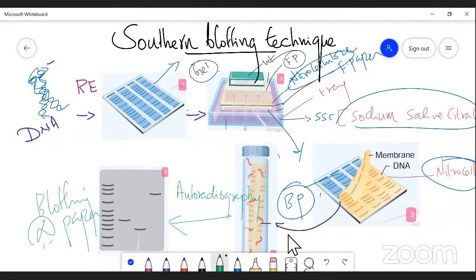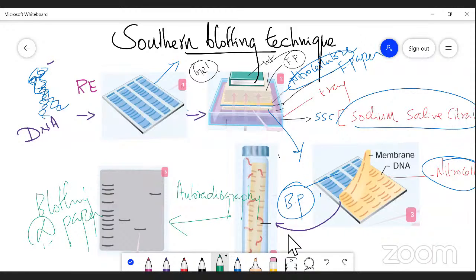The light captures the fragments of DNA when it is exposed to autoradiography, and as a result, the image of DNA is formed on the screen, I mean, on the blotting paper, right? So this is simply called the Southern blotting technique, right?